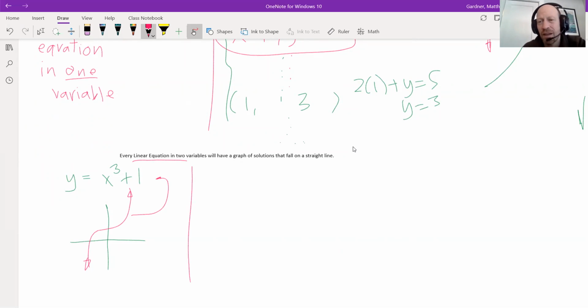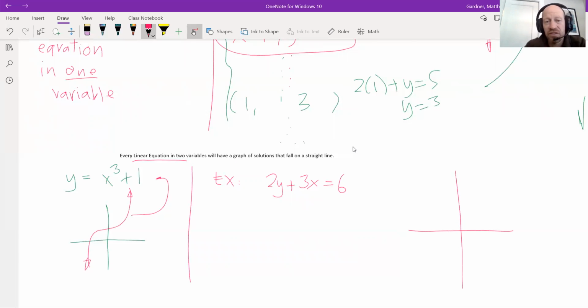If you know already it's going to fall in a straight line, you don't need very many points to know what that line is going to be. So here's an example. Let's look at 2y plus 3x equals 6. We're interested in the graph, which is the set of solutions.